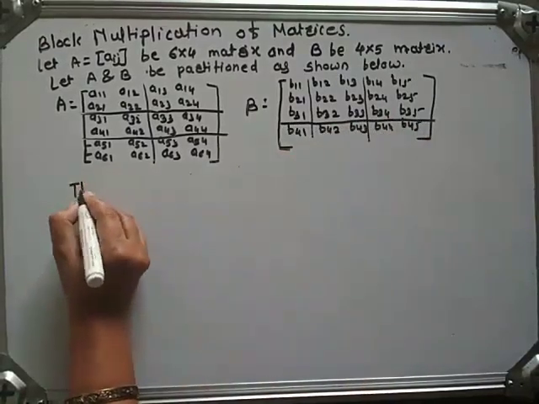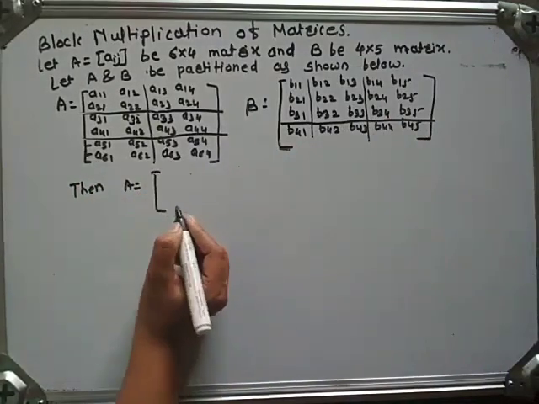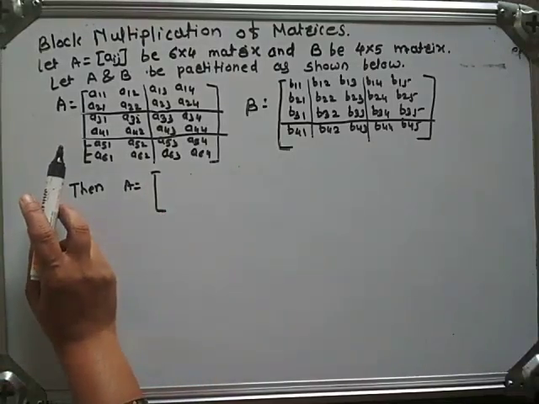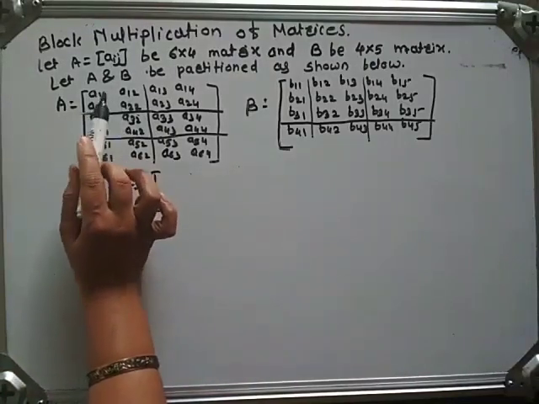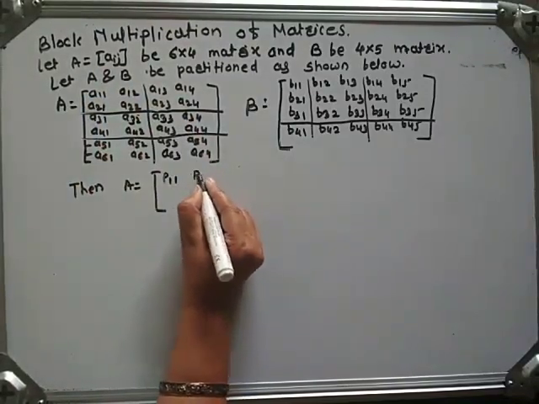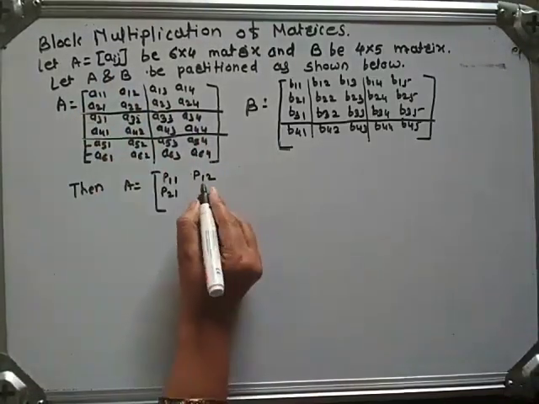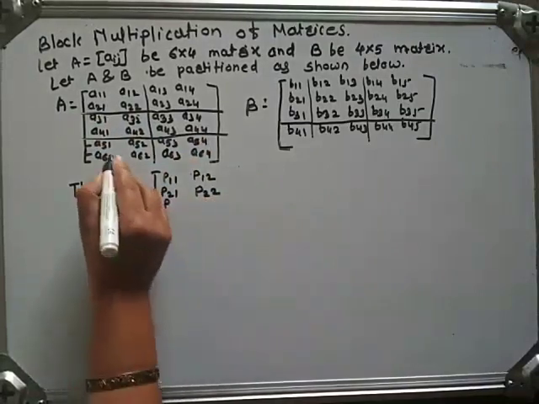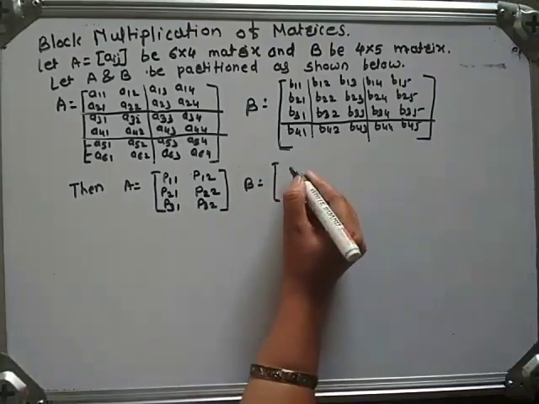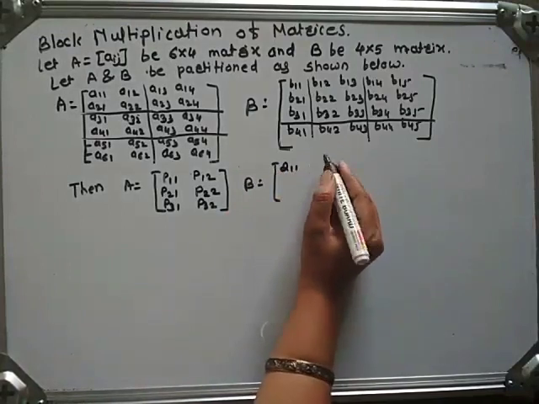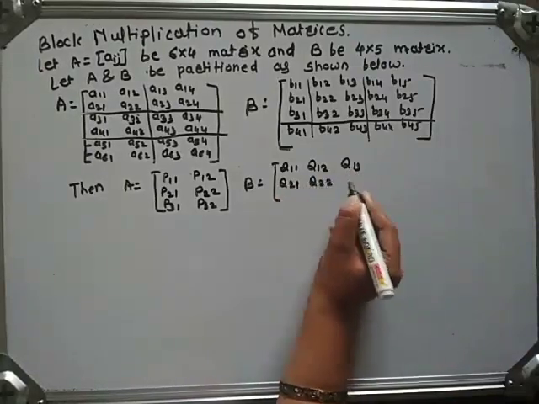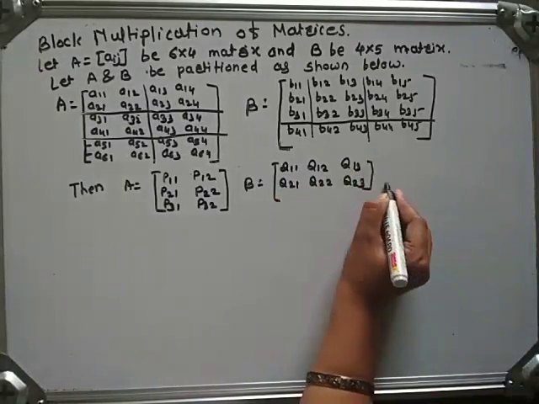Okay. Then A can be written as follows. In the previous definition, partition of matrix, we have seen that these matrices are called P11, P12, P21, P22, P31, P32, and B is equal to, suppose we say here, Q11, Q12, Q13, Q21, Q22, Q23.